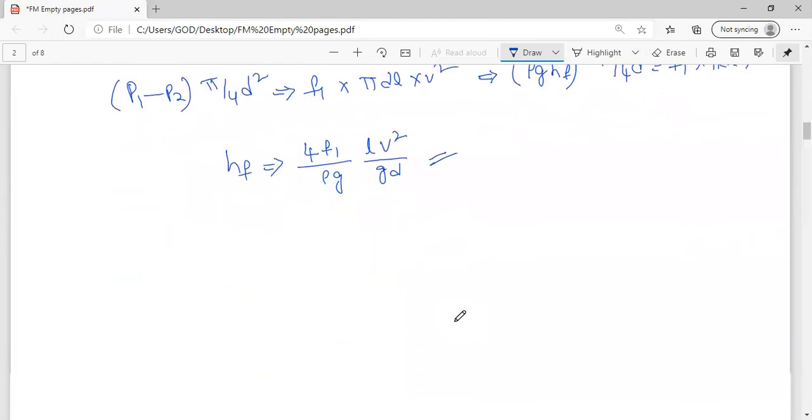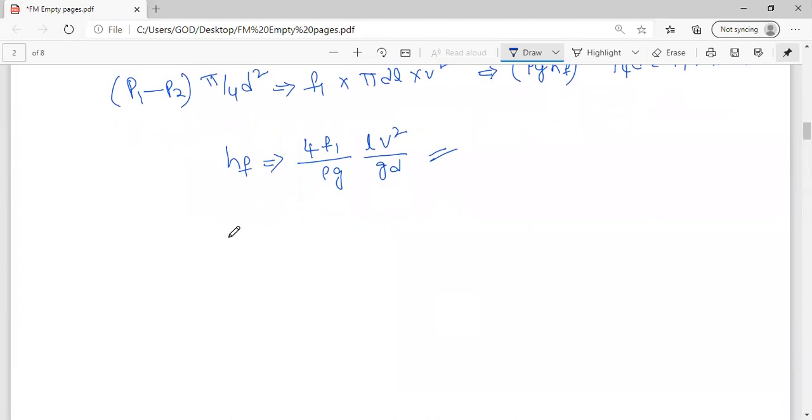Now if you go further, this HF can be written as 4F1 by rho into LV square. So rather than this, let me write the direct step here: 8F1 by rho into LV square by 2GD.